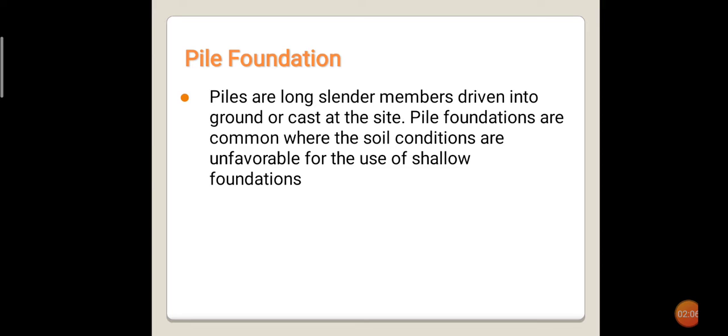Why? Because if the distribution of the load is uneven, definitely there may be some differential settlement, and we need to avoid these settlements, so we prefer pile foundation. At the same time, if the soil has poor bearing capacity, we also need to go for this pile foundation.